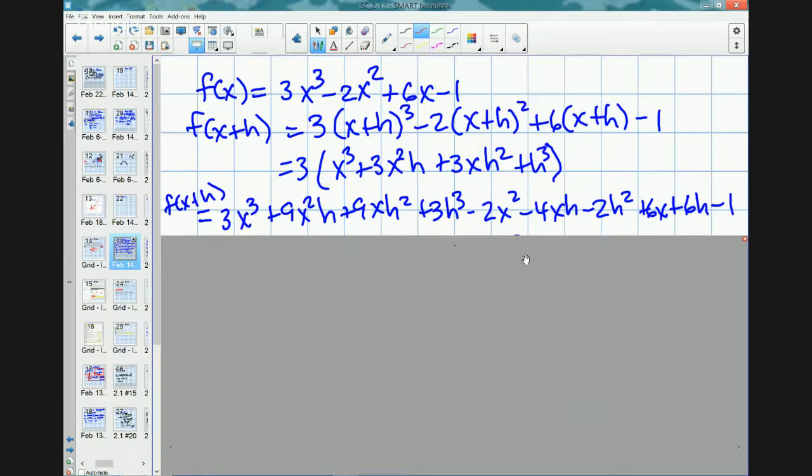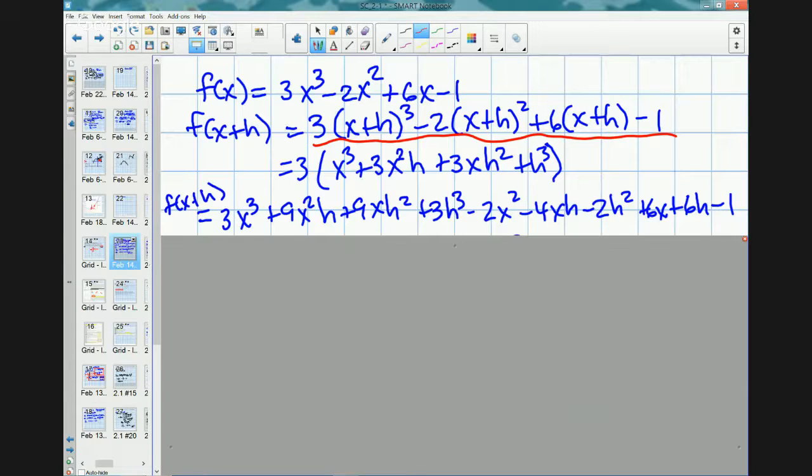I've got to take 3 times, instead of x cubed, x plus h cubed. This is just literally raw substitution. Plug in x plus h wherever there is an x, and that's 3 places, right? And by the way, you've got to hammer that x plus h cubed out, and that's no small task.